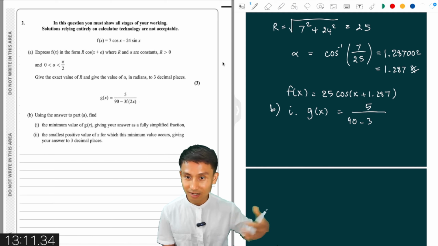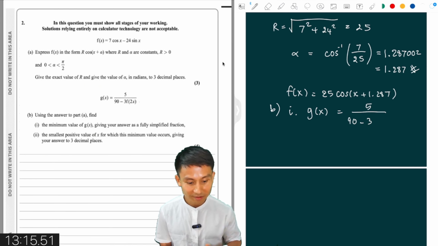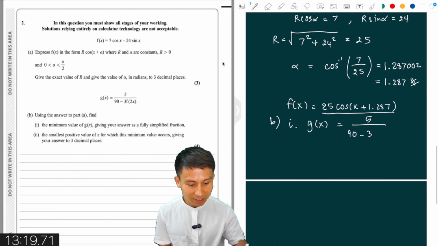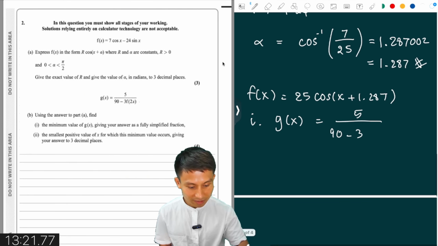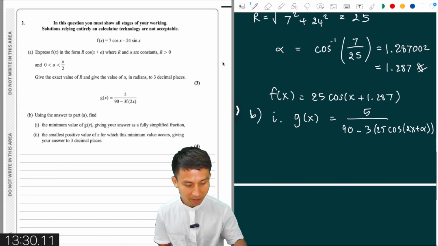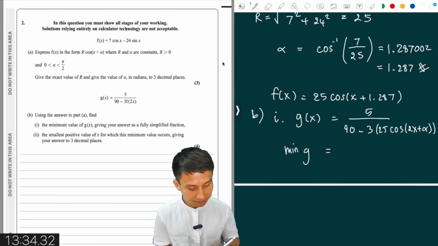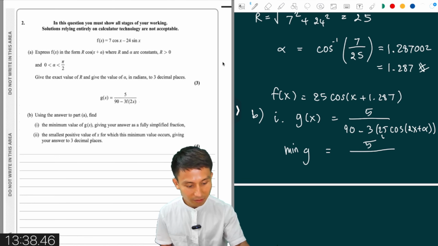Again, guys, this is a live walkthrough, so I might make a mistake along the way, but I'll correct it. Because we got f(x) to be this, f(2x) is 25 cos(2x + alpha). I'm just going to write alpha for now because I'm out of space here. So minimum g, you've got to make this whole thing minimum.